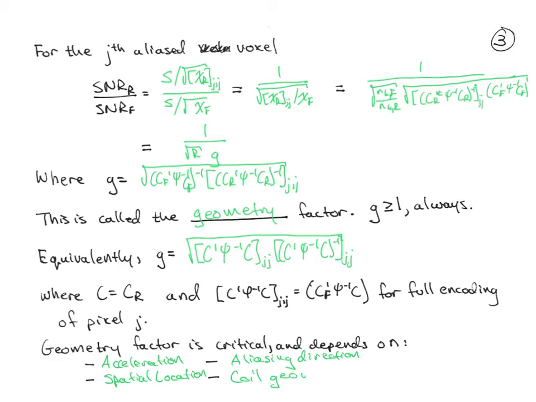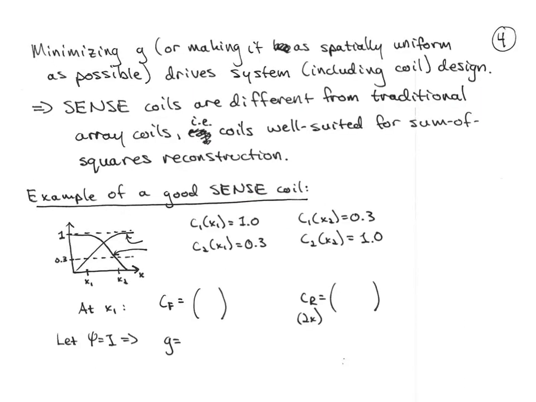It's generally a good idea to align the dimension along which you have lots of variation in your coil sensitivities with the direction where you're doing the undersampling. So minimizing the G factor, or making it as spatially uniform as possible, drives system design, and especially the coil design.